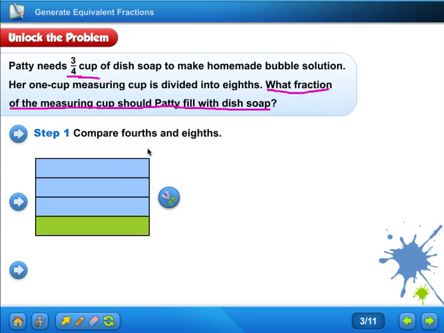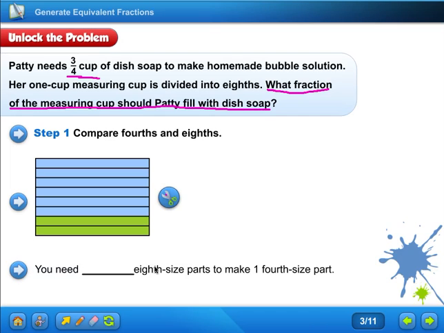When it was broken up into 4ths, I had 1 section, which was 1/4. Now I have 8ths, which is 2/8. Remember, they're all equal parts. 1, 2, 3, 4, they're all equal. And when it turns into 8ths, 1, 2, 3, 4, 5, 6, 7, 8, they're all equal parts. Let's see what the next question wants me to do.